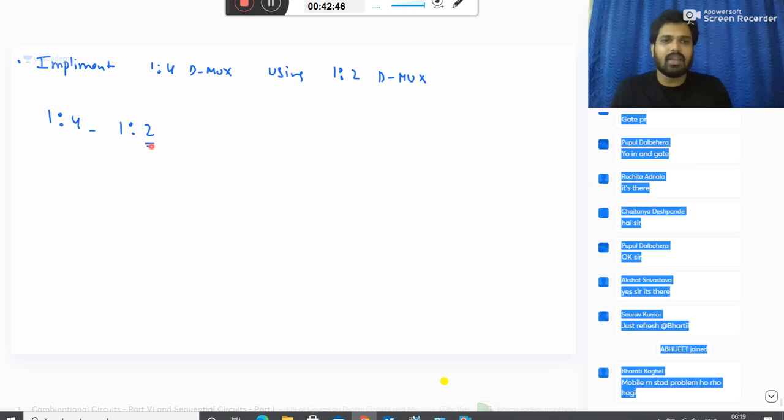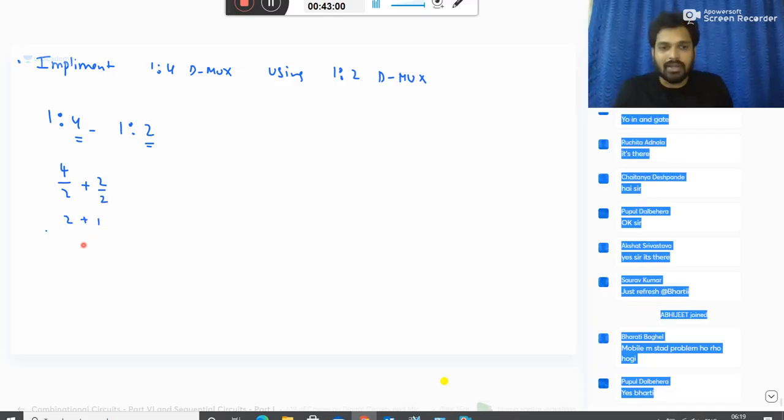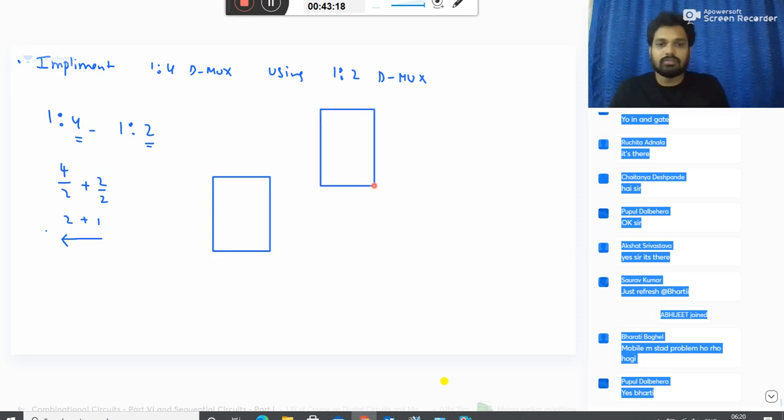Here the process is very easy, same as your mux only. Divide 4 by 2, 2 will come. 2 by 2, 1 will come. 2 plus 1 is the answer. But the order is reverse. There high to low, here low to high. That's the difference, otherwise it is the same as the previous case. So here you will have the reverse order, that is low followed by high.